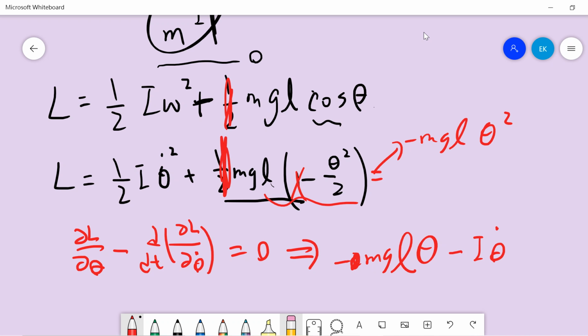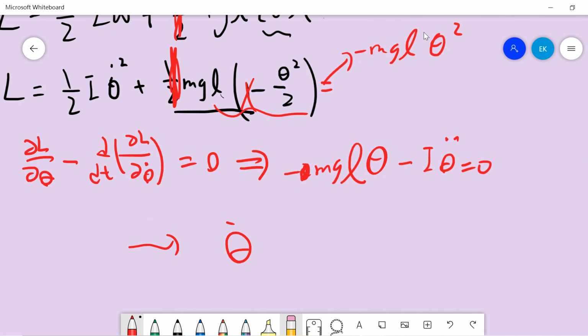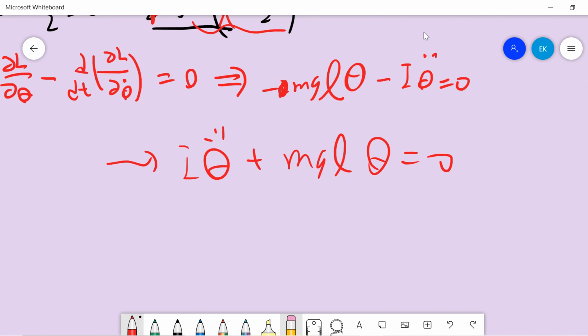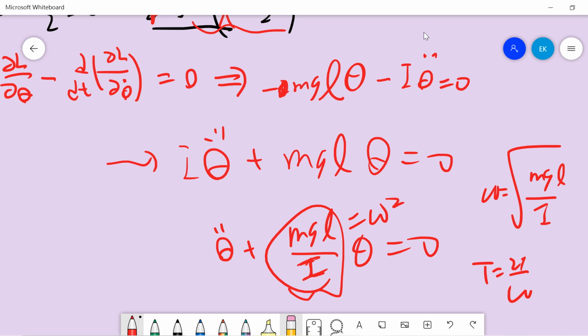Okay, so squared. So we have I theta double dot plus mgl theta equals 0. We have theta double dot equals minus mgl divided by I times theta, so this is omega squared. So omega is equal to the square root of mgl divided by I, and T is 2 pi over omega. Okay, so we proved this formula.